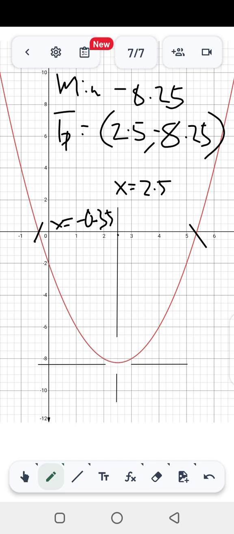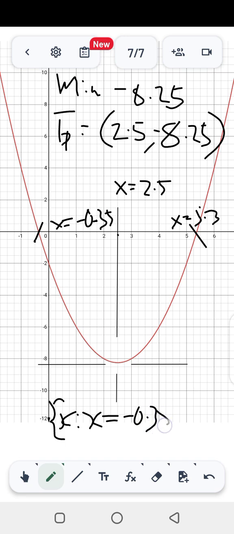So here x will be equal to 5.3. So the truth set will be x such that x equals negative 0.35 or 5.3. So this is the truth set.